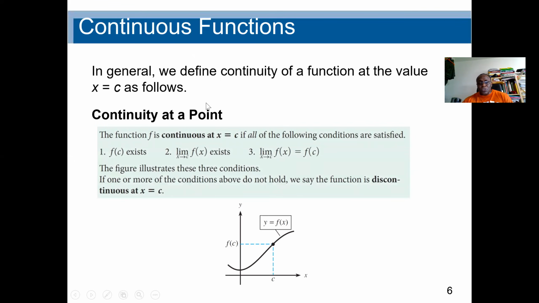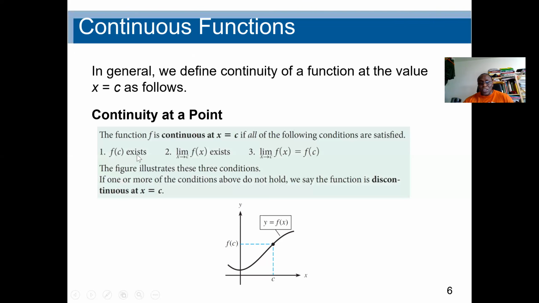Let's go through the first theory here, continuity at a point. A function f is continuous at x equal to c if the following 3 conditions are met. First, we have to make sure that f(c) exists.